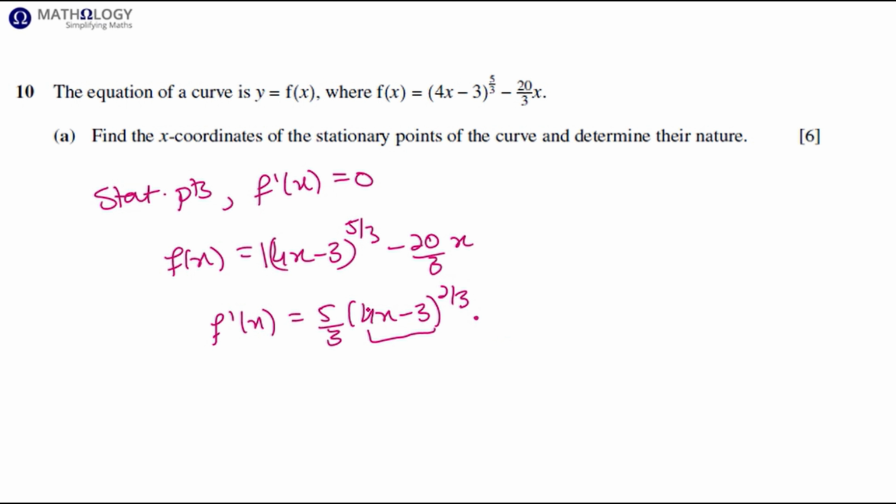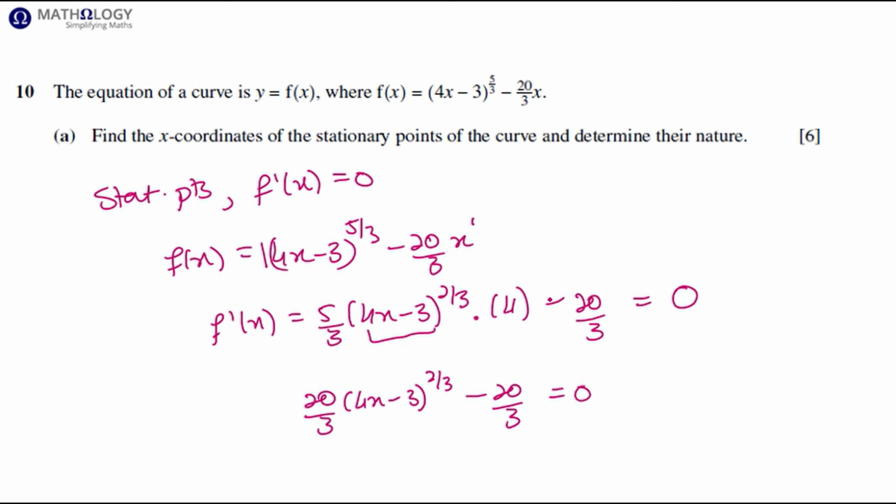So the derivative of 4x is just going to be 4, minus 1 times 20 thirds. Then x to the 1 minus 1 is x to the 0, which is just 1. So we just have 20 thirds, and this expression equals 0. So just clean that up. 5 thirds times 4 is 20 thirds times 4x minus 3 to the 2 thirds, minus 20 over 3 equals 0.